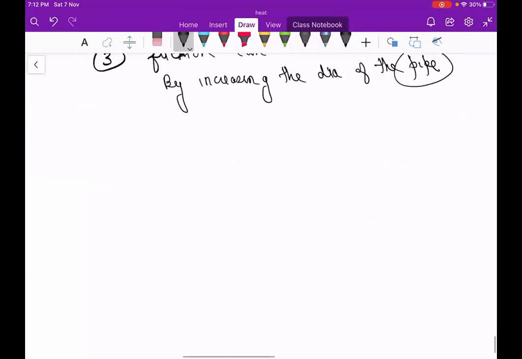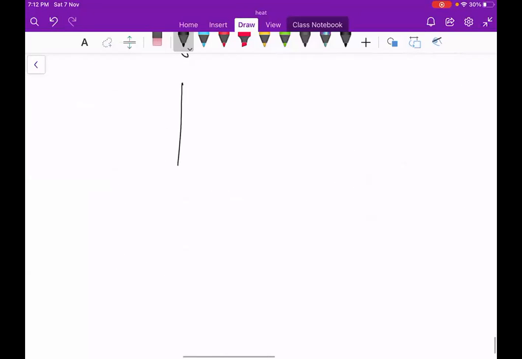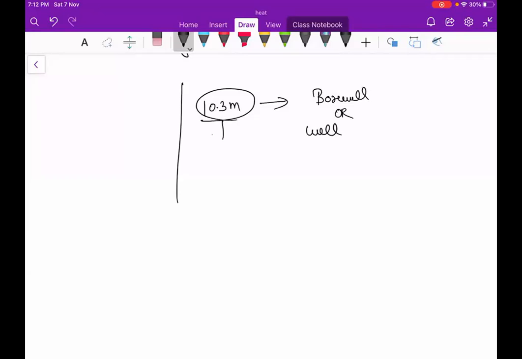Okay, now we have seen that there is a limitation of 10.3 meter. Then which is the pump which we are using in borewell or well? Because we have seen it is equal to 22.4 something, approx I am taking, and here we are dealing with 50 feet, 100 feet, 150 feet.